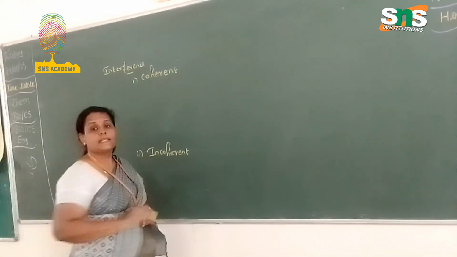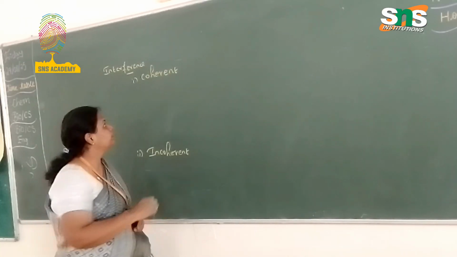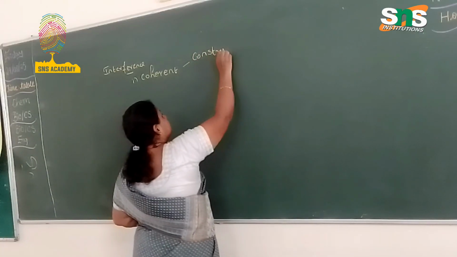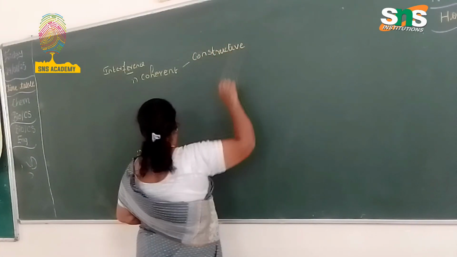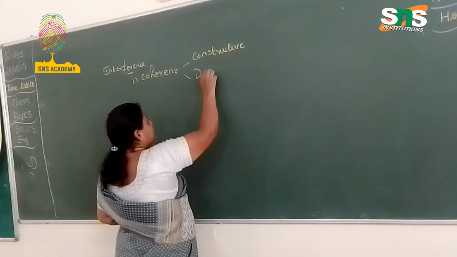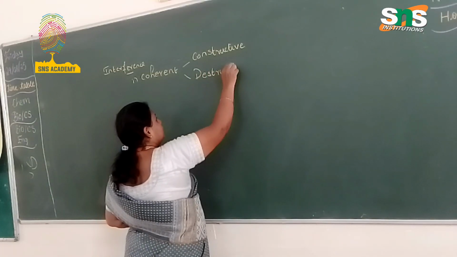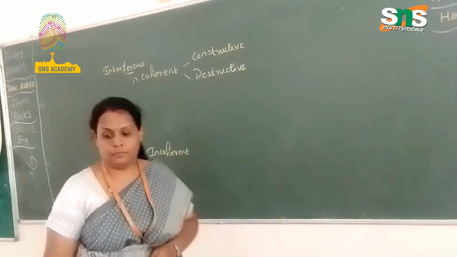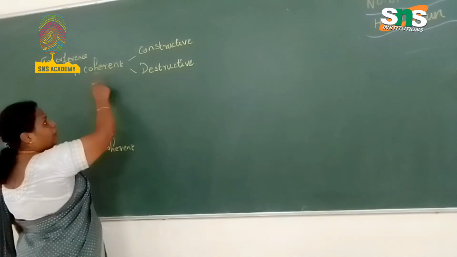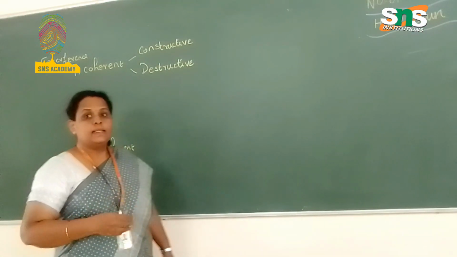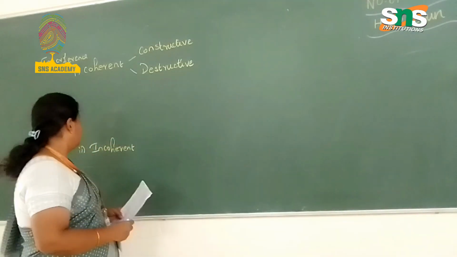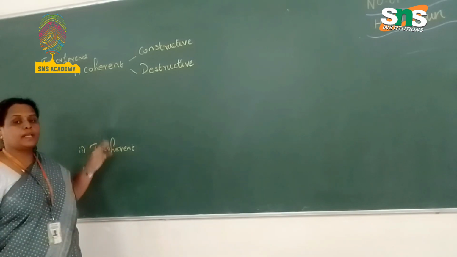And coherent interference is again categorized into constructive interference and destructive interference. So interference is of two types, coherent and incoherent.